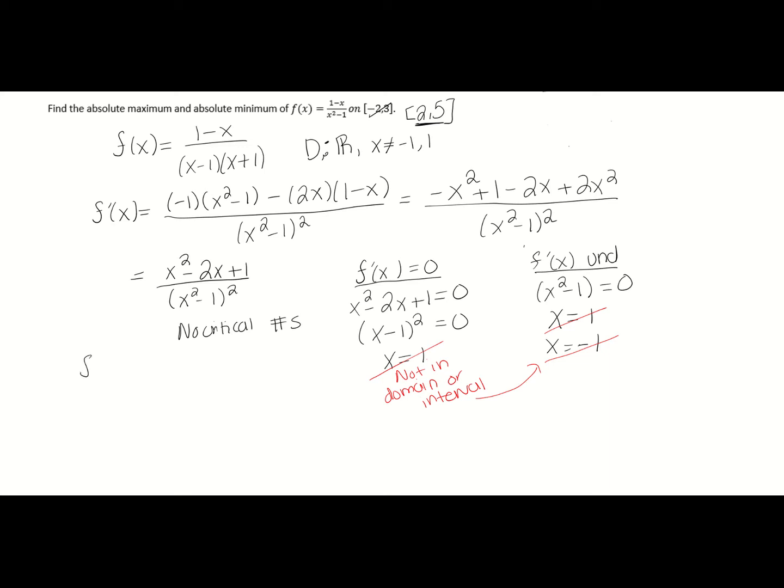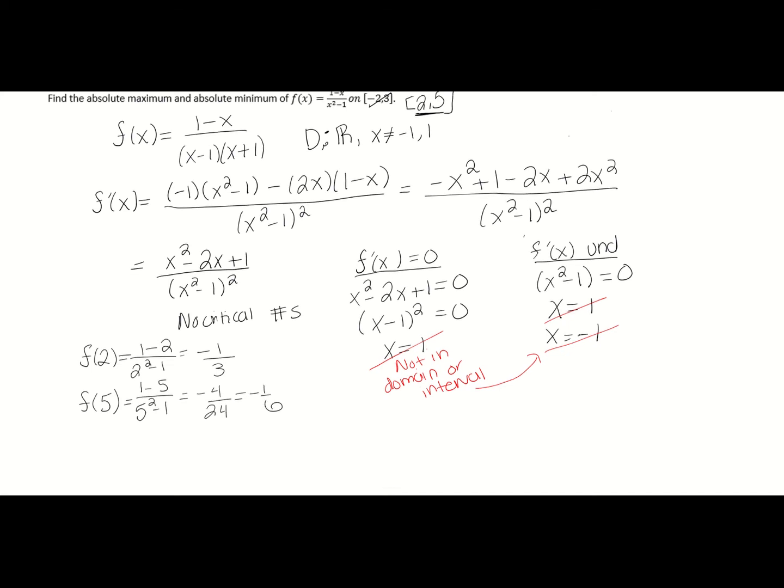So f of 2 is equal to 1 minus 2 over 2 squared minus 1, which will give me negative 1 over 3. And then I have f of 5, which is 1 minus 5 over 5 squared minus 1, which will give me negative 4 over 24, which will reduce to negative 1/6.